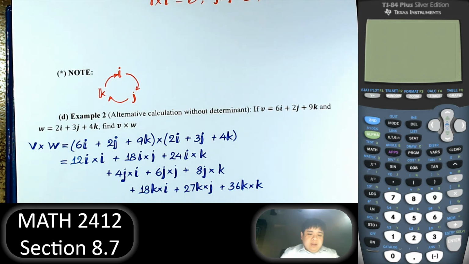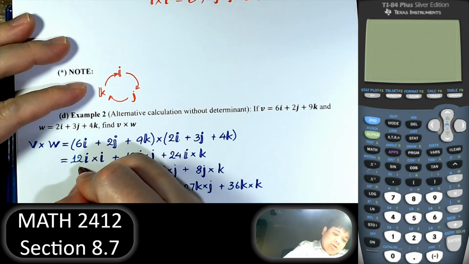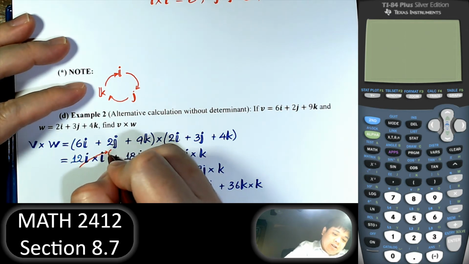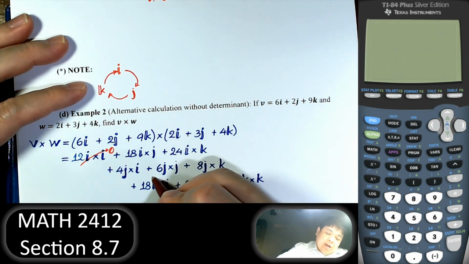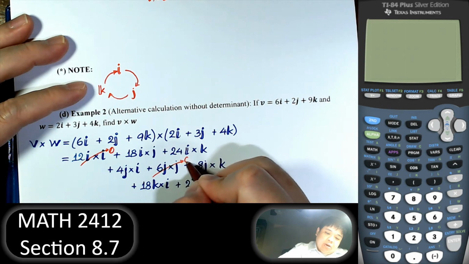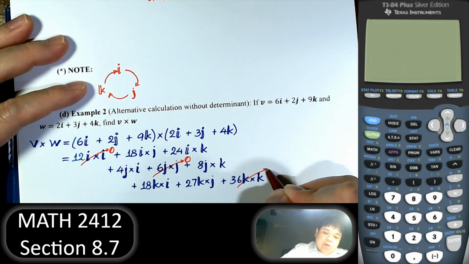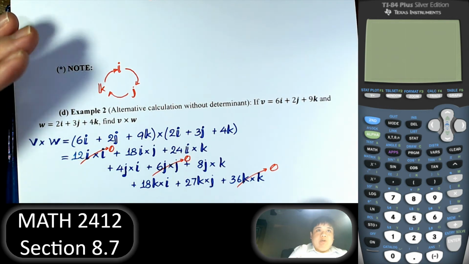Right. Now, next what we have is the vector cross itself is equal to 0 vector. So this is equal to 0 vector. This is also 0 vector, and this also 0 vector. So we have all of those are 0.